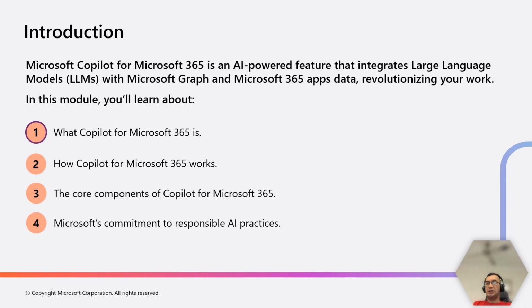And this is an AI-powered feature that integrates LLM, large language models, with Microsoft Graph and Microsoft 365 App Data. So remember, we have a couple of components: an LLM, a large language model, a graph that is the connector of the LLM, and the third part, which is 365 app data.